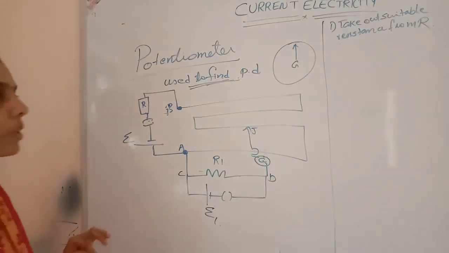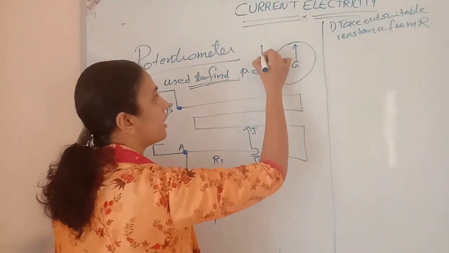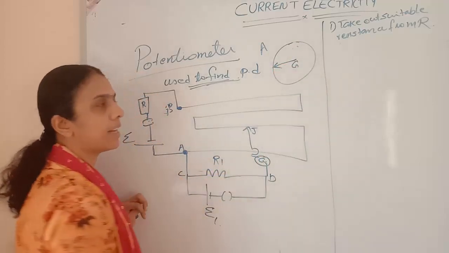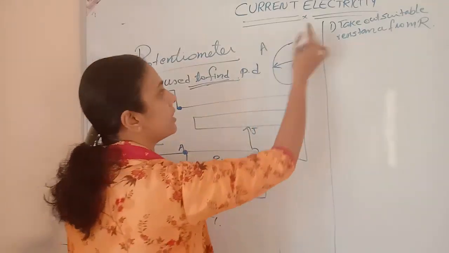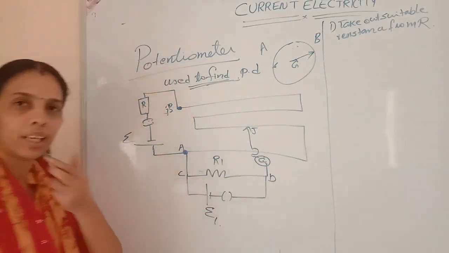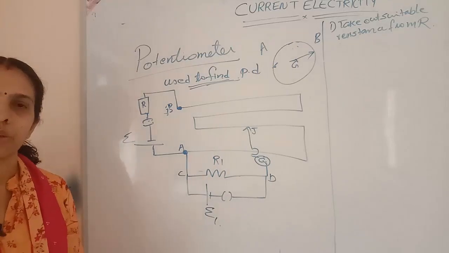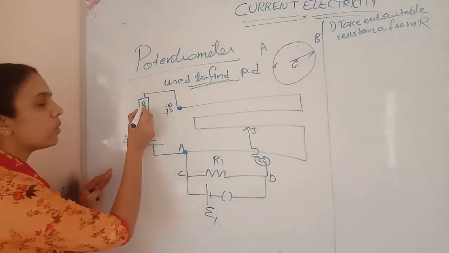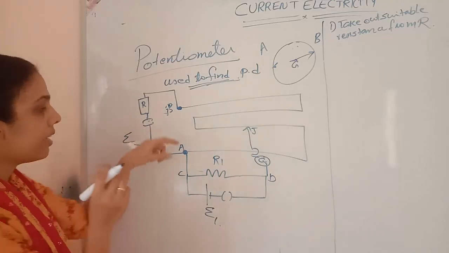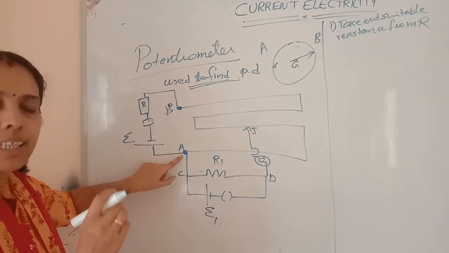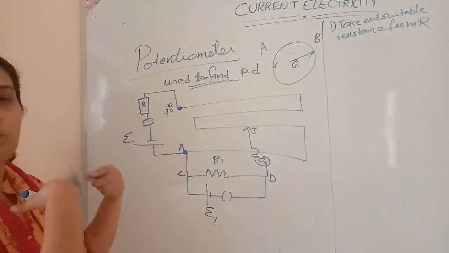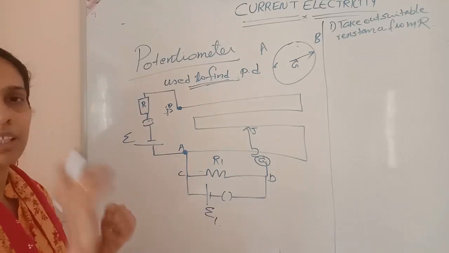If I am keeping at the point A, the galvanometer needle will be deflecting to one end, and if I am connecting it to B, then the galvanometer deflection will be showing at the opposite end. What is the meaning of that?